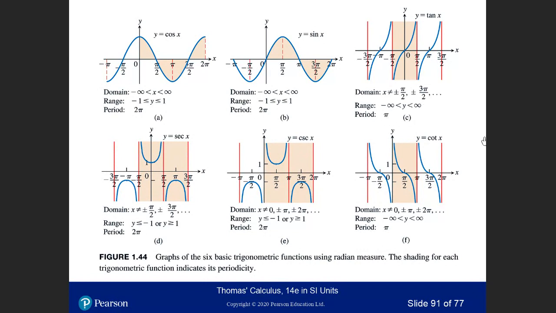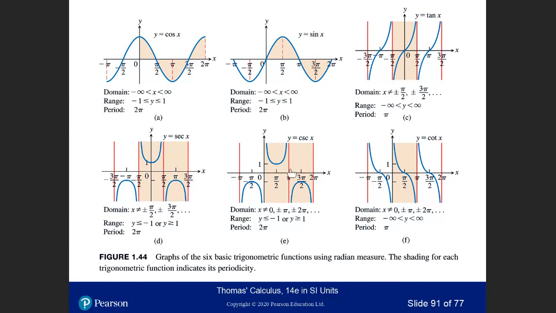Let's look at secant, that's 1 over cosine. So it's not defined at pi over 2 and minus pi over 2, but defined everywhere else. And this is 1 over cosine; when cosine is 0, it's not defined. But it's a periodic function with period 2 pi. It repeats itself after this.